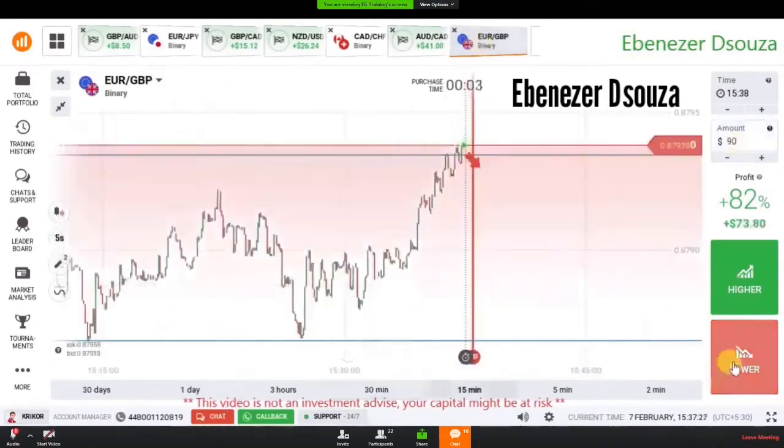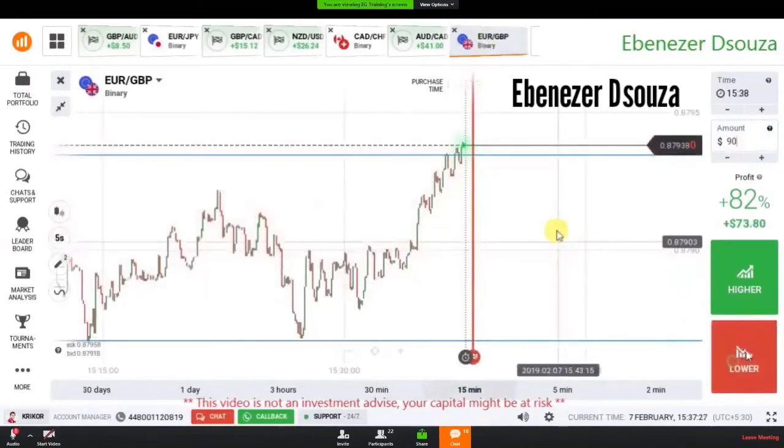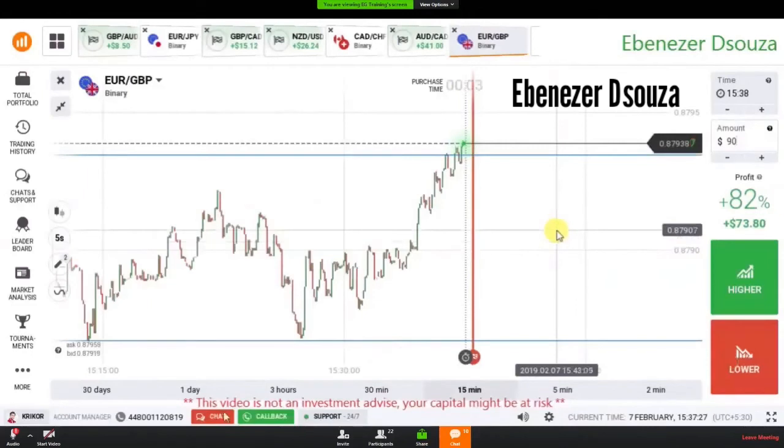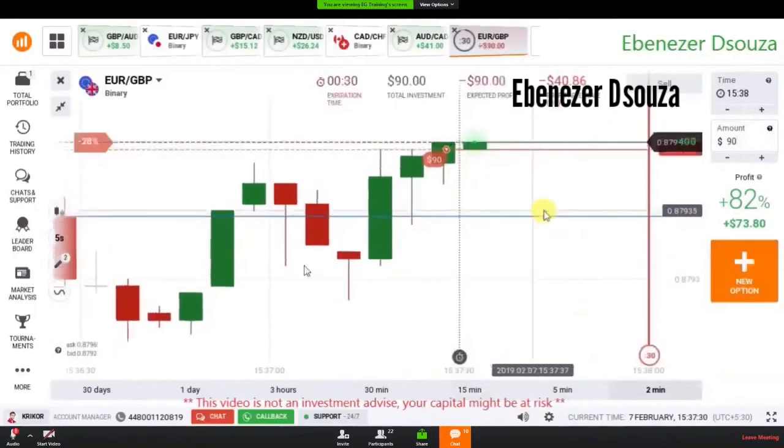Okay, I will show you here. Okay, here I place my trade directly because I was seeing some confirmation candlesticks in this area. Red candlesticks, bearish candlesticks in this area in the first 30 seconds, and I had no time to decide because I had only 3 seconds to decide my trade. That's why I placed my trade directly because of this confirmation.